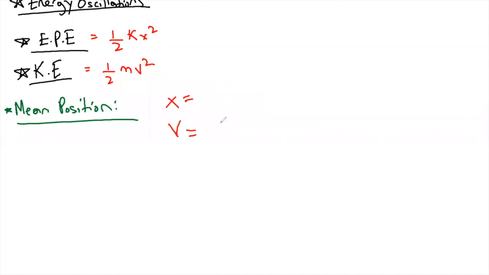Come on, guys, did you forget it? Yeah, A cos omega t. But it's not the small a, it's the capital A. Don't forget it. Kainat, is that for velocity or X? Mention what it's for, because I cannot identify it.